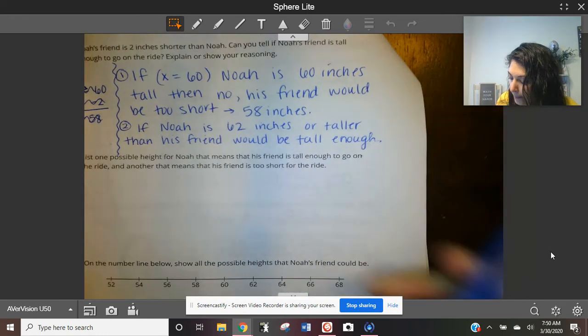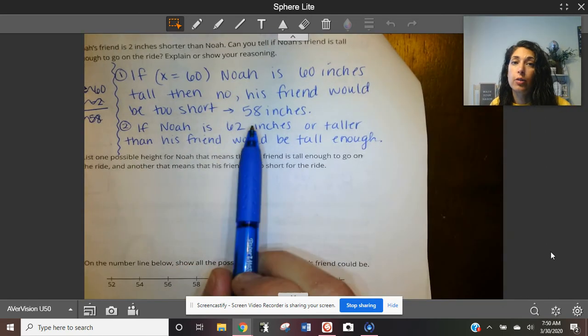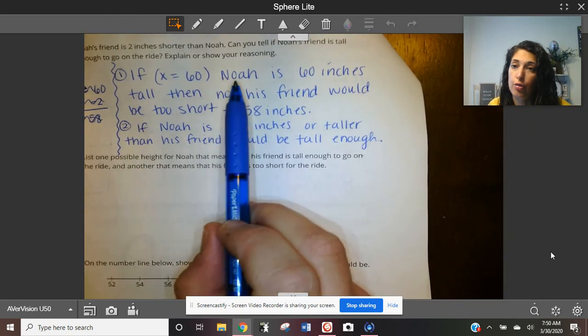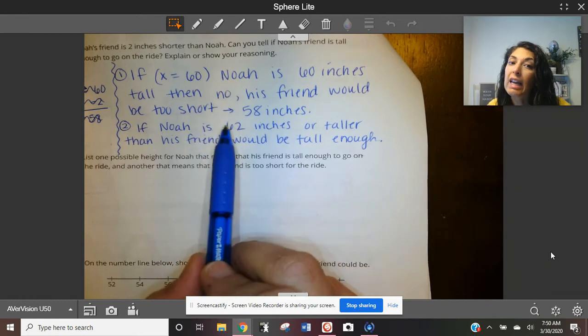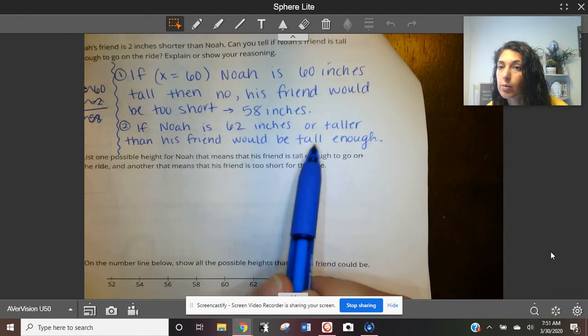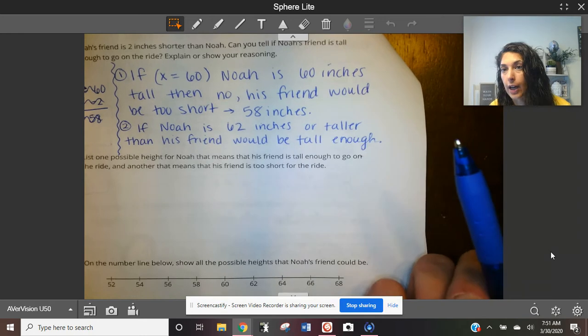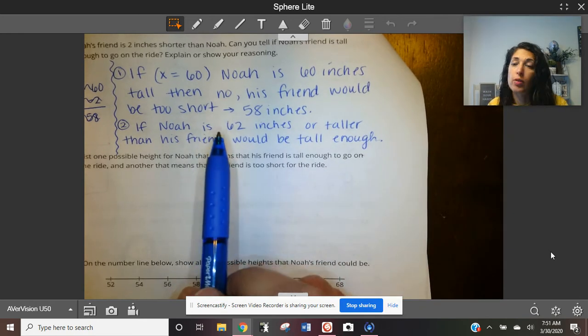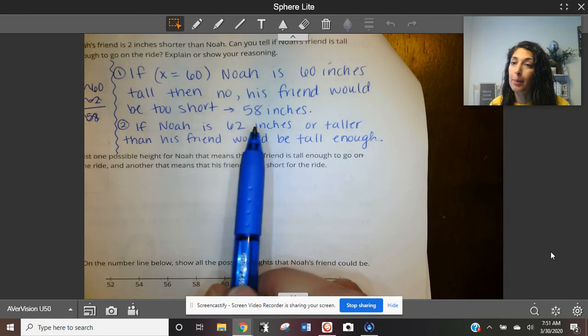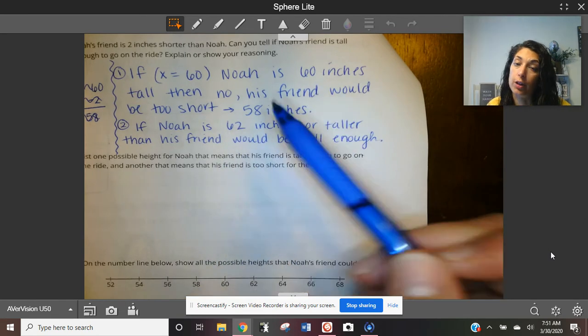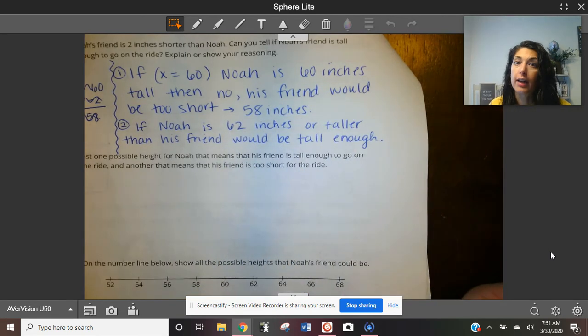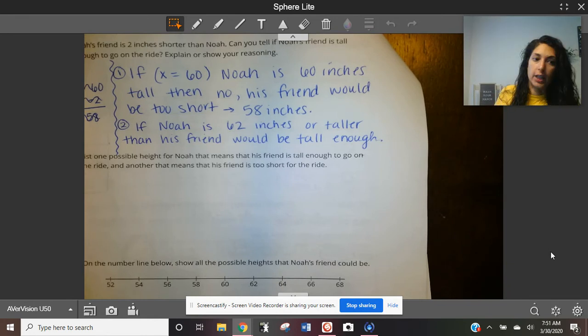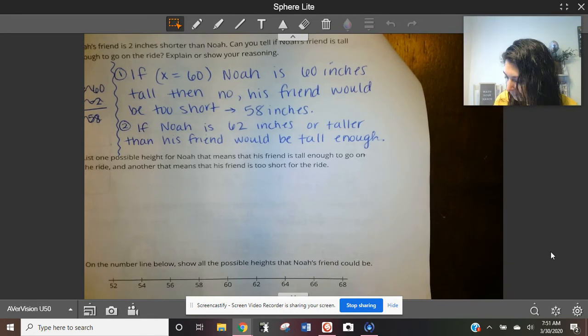Okay, so if you think about it, if Noah is 62 inches, then his friend, 2 inches shorter, would be 60. So if he was 63 inches, we could still subtract and it would be higher than 60. So as long as Noah is 62 inches or taller. Now, remember, we don't know how tall Noah is, so that's why we're going through this.